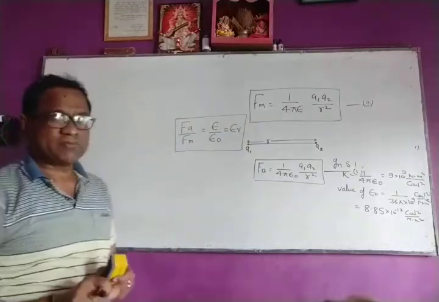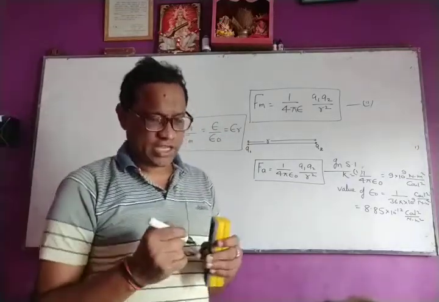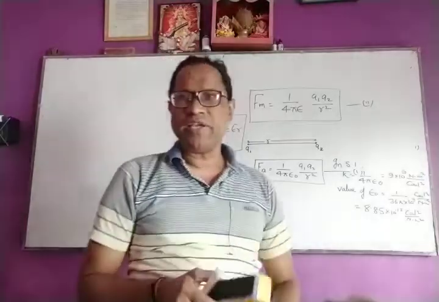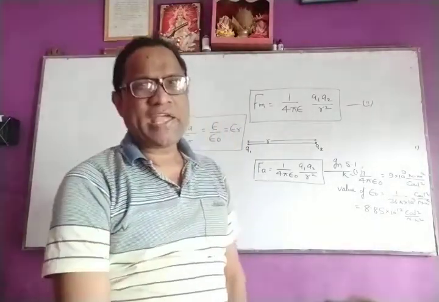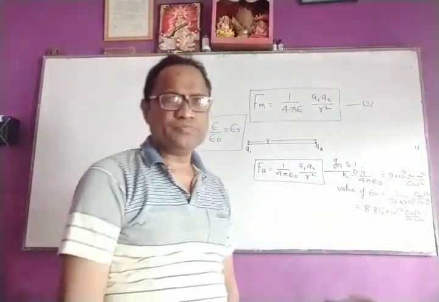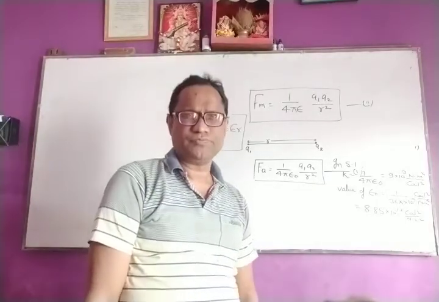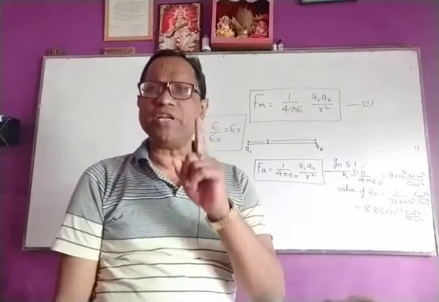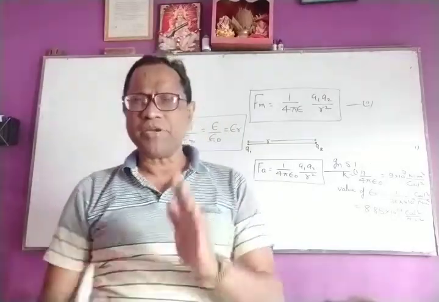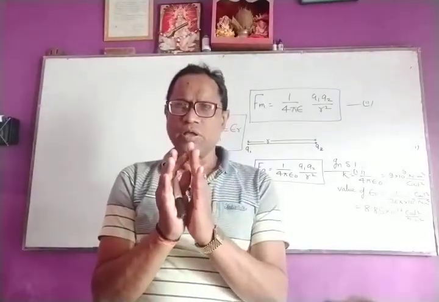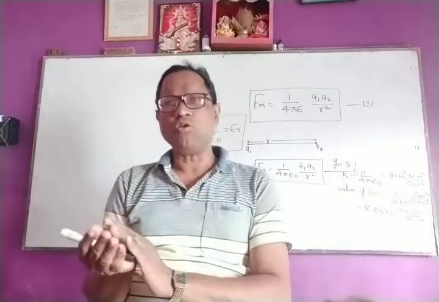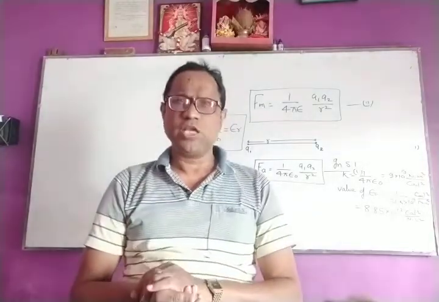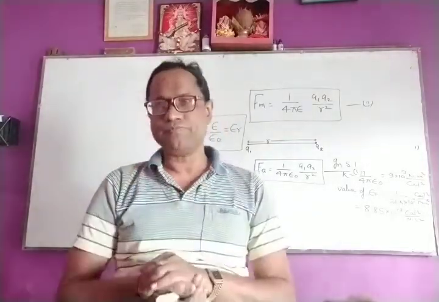Epsilon r is known as relative permittivity.